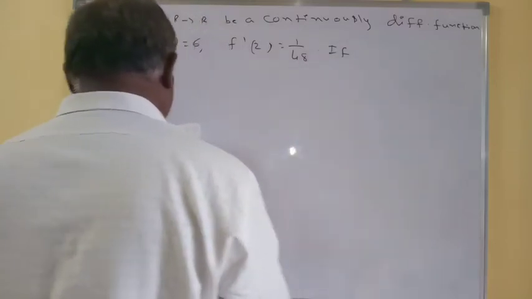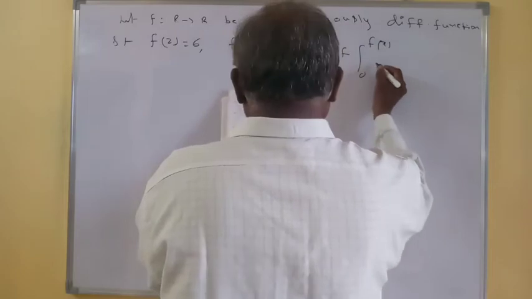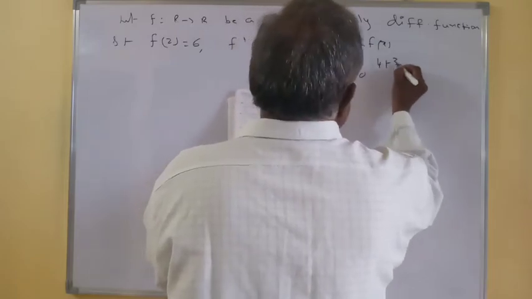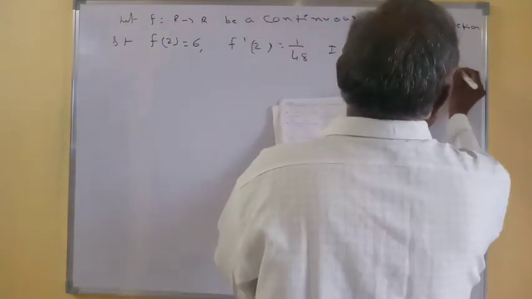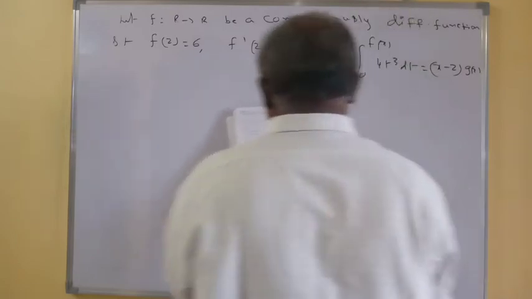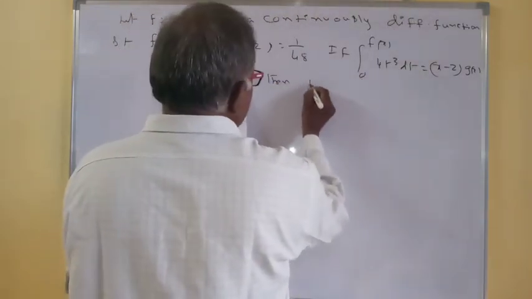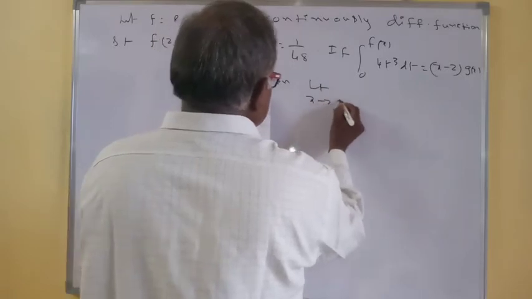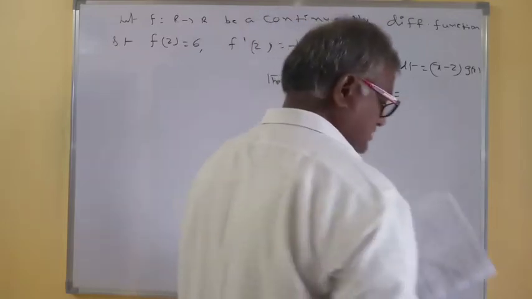If the integral from 0 to f of x of 4t cube dt is equal to (x minus 2) into g of x, then the limit as x tends to 2 of g of x is equal to what?